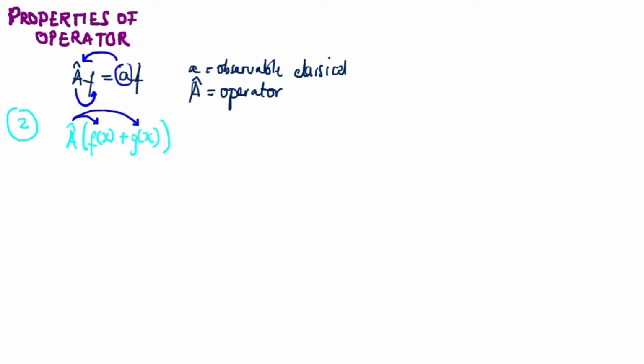This is kind of an expansion process, and what that results in is the formation of two variables, where we have our operator A acting on the f of x function plus A acting on the g of x function.